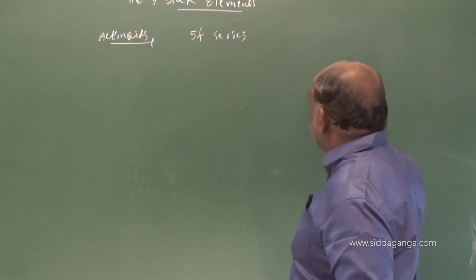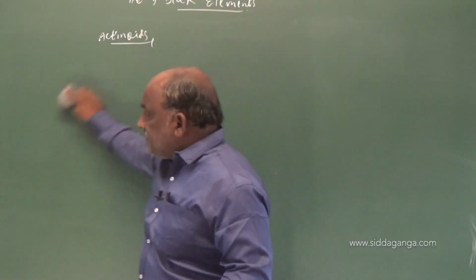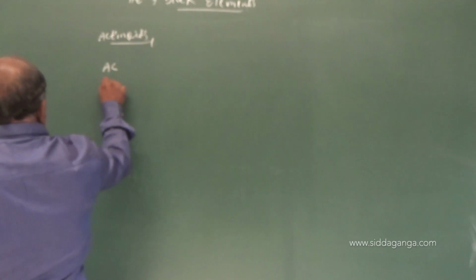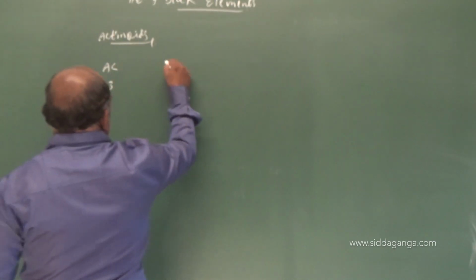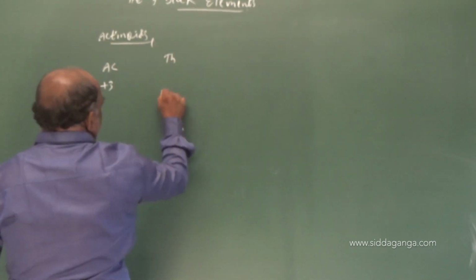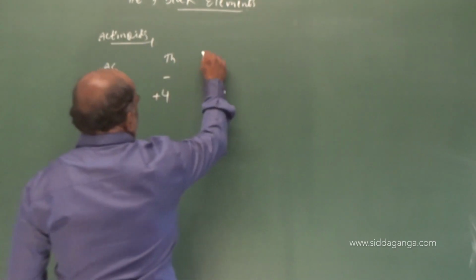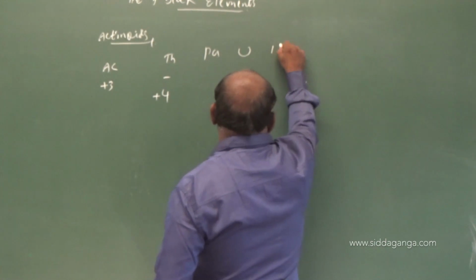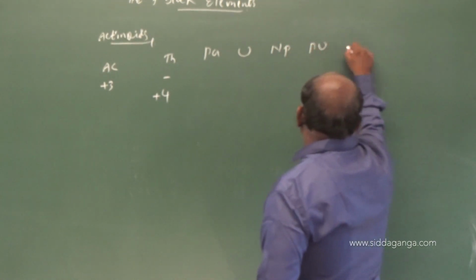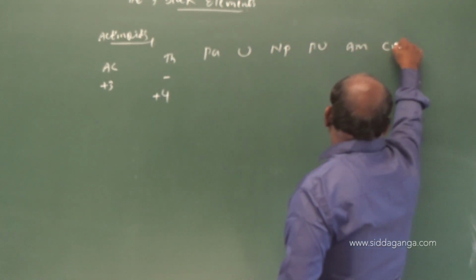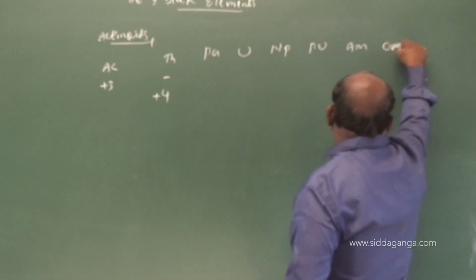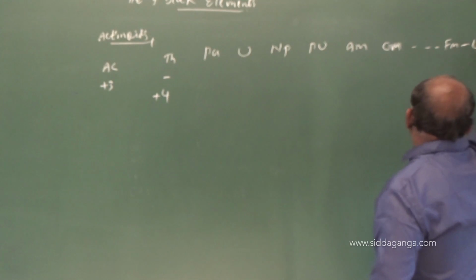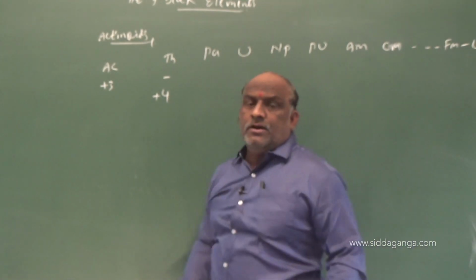Let us consider some examples: actinium plus 3, followed by thorium plus 4, protactinium, uranium, neptunium, plutonium, americium, curium, and so on up to 100, which is fermium, and the last ones are lawrencium and mendelevium.